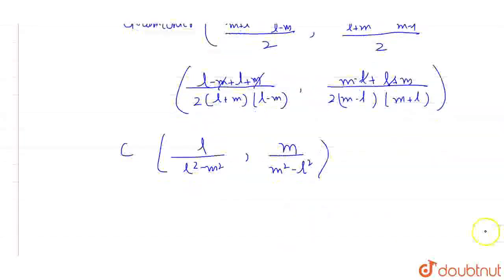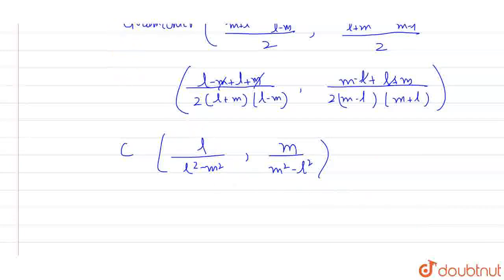The circumcenter will come like this. So from this we can see that for the circumcenter point, h is l divided by l square minus m square, and k is m divided by m square minus l square.